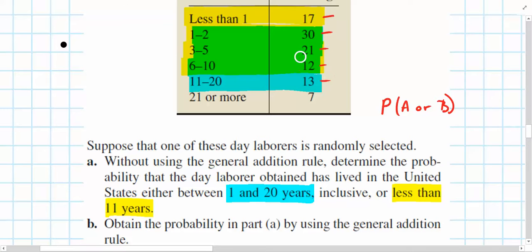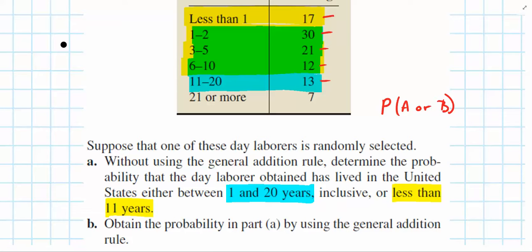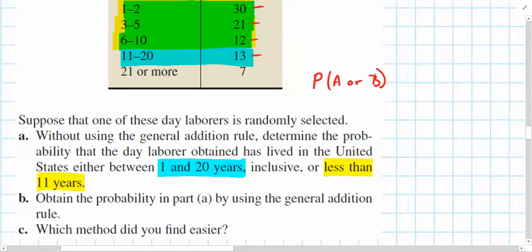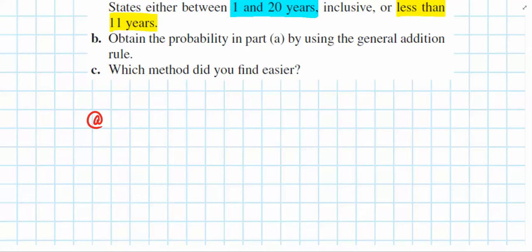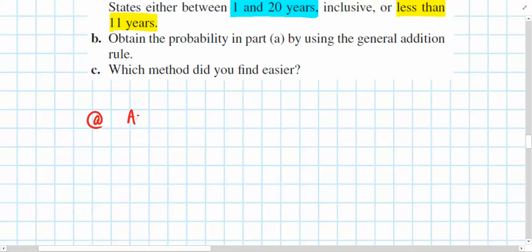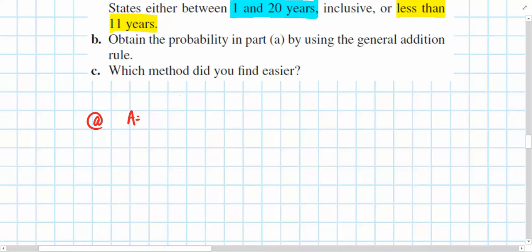Even if they got shaded twice, we'll still only count them once, but if they were shaded even just one time, we do want to include them in the total. So for A, if I was writing this up, I might say that event A is the likelihood that a day laborer has lived in the United States between 1 and 20 years.